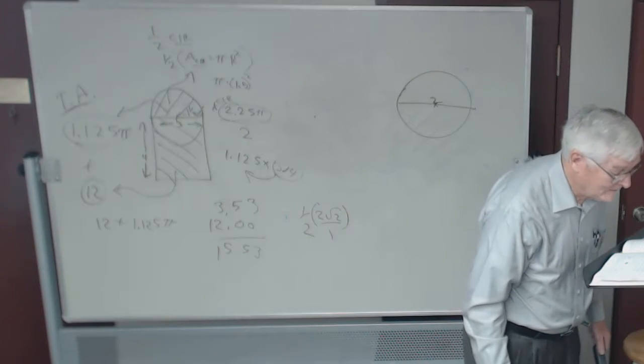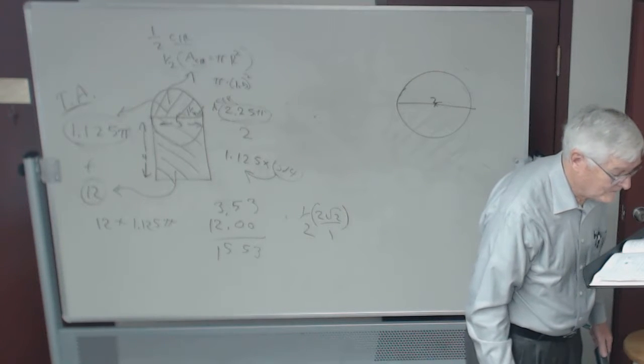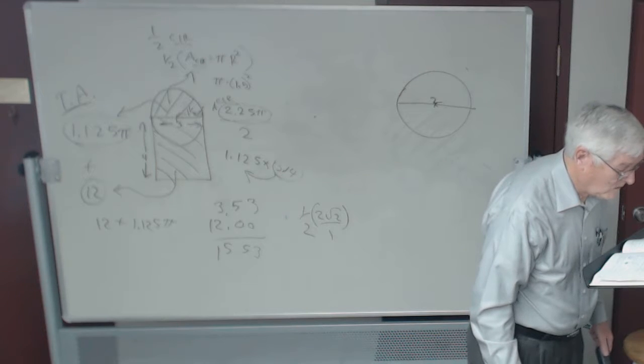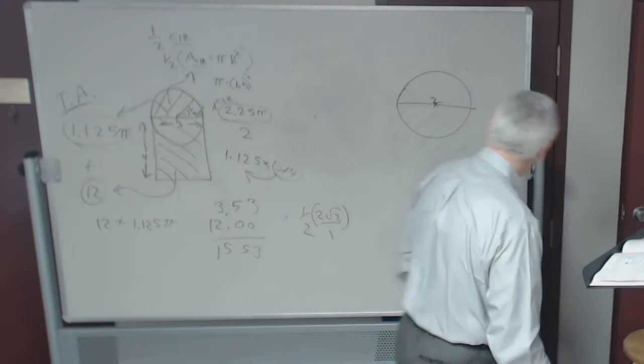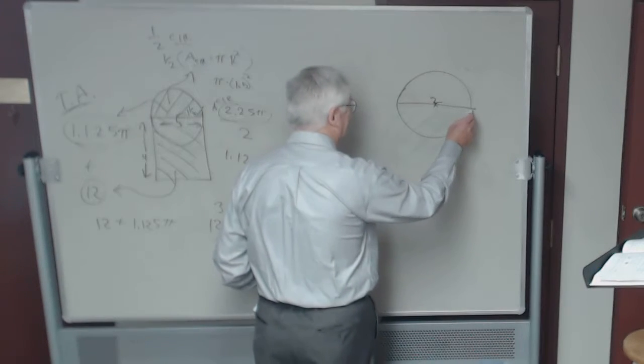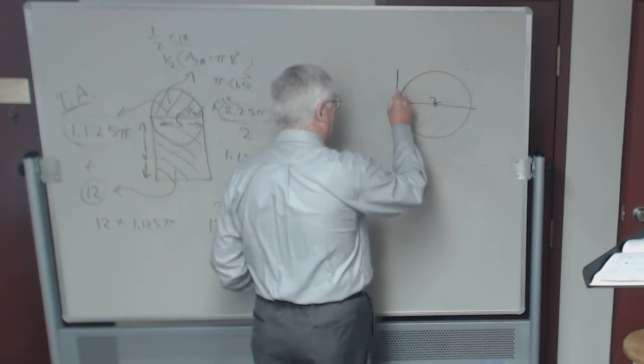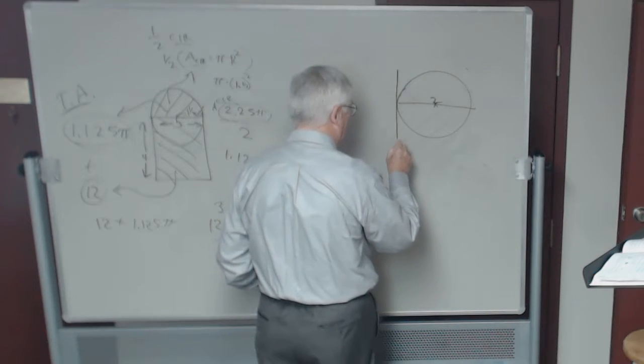So the circle is inside the square perfectly, right? If the square has a side of 2, then that would be what?